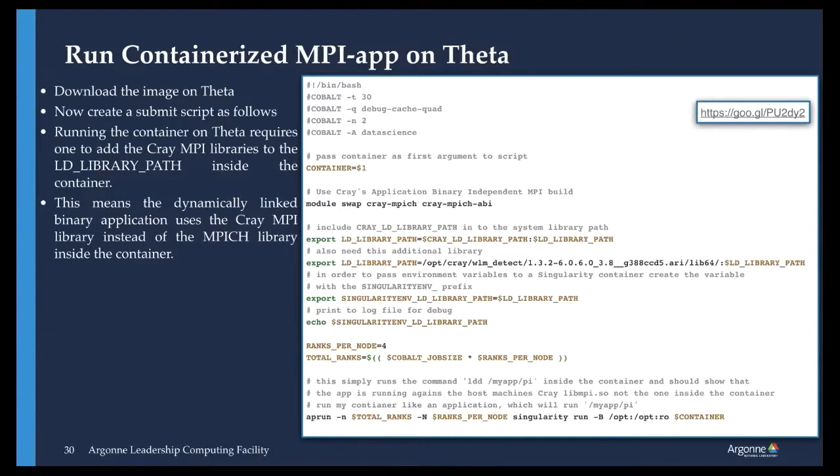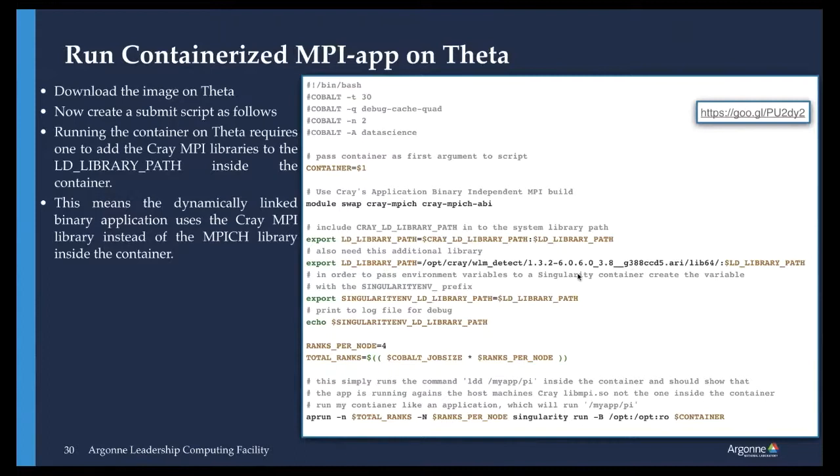And the first thing I do is I swap out the standard Cray MPICH library with a version of the MPICH library that has this ABI, application binary interface, compatibility built into it. So that means this is explicitly to support cases where you have a version of code that you built against MPICH externally, and then you're bringing that binary to Theta, and you want to link against this version of MPI dynamically. So that's what we do there, and then we add the Cray libraries to our library path.